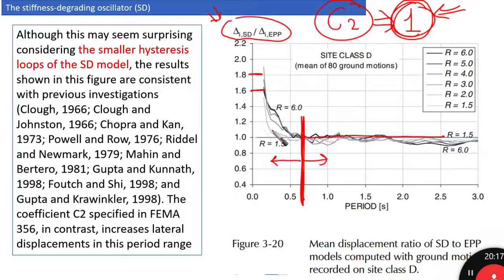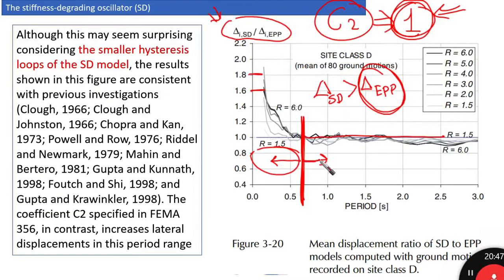This means that the maximum response coming from stiffness degrading systems is going to be much larger than if we use delta EPP. So for systems with periods less than 0.6, which means very stiff systems, it is not right to use the elastic perfectly plastic rule.